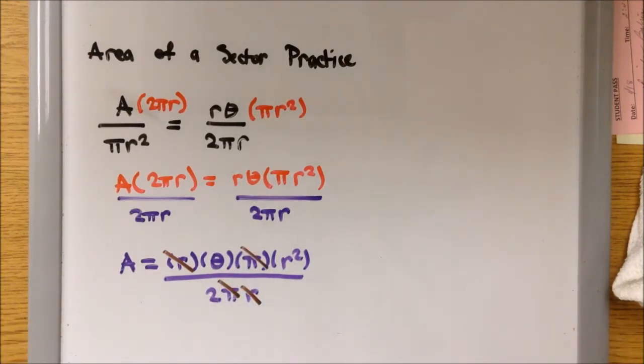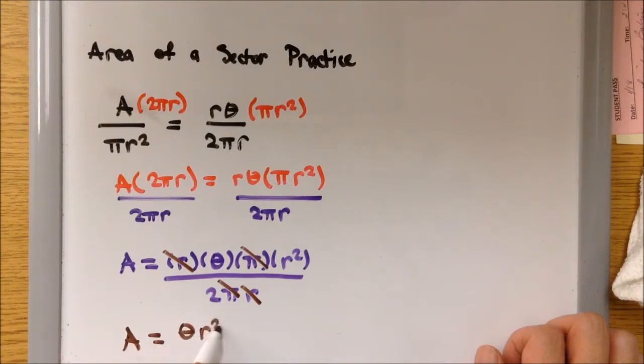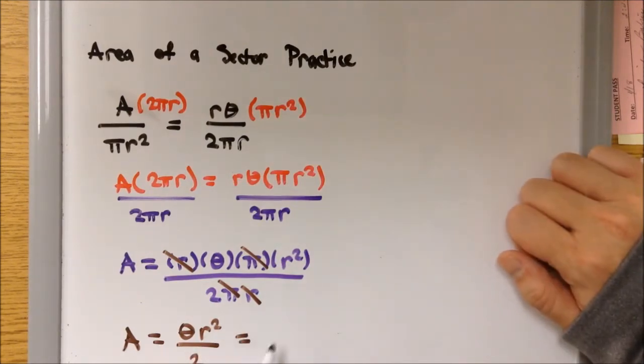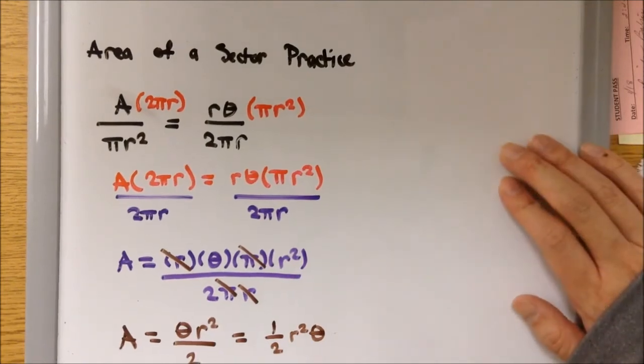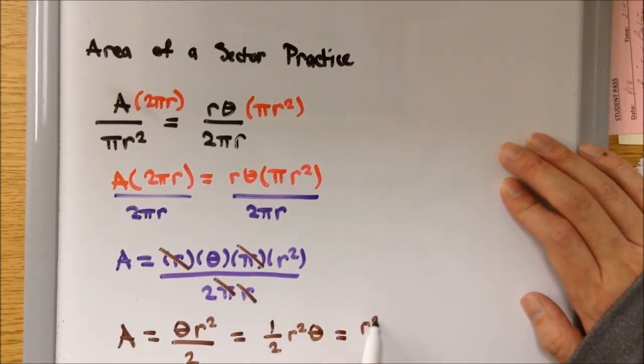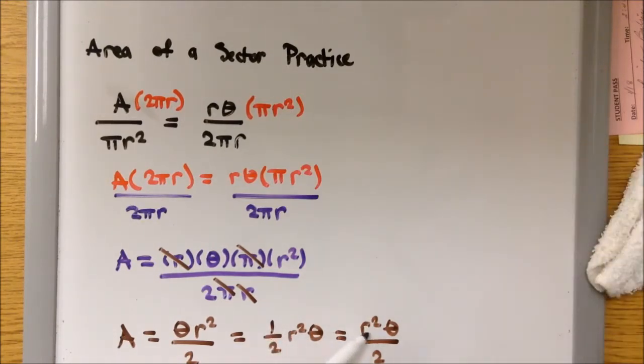So what we are left with is A equals theta r squared over 2, which is equivalent to the formula in the book, 1/2 r squared theta. But you can rewrite it as r squared theta divided by 2, because a whole number times a fraction is just multiplying the numerator. So that's how we got the formula.